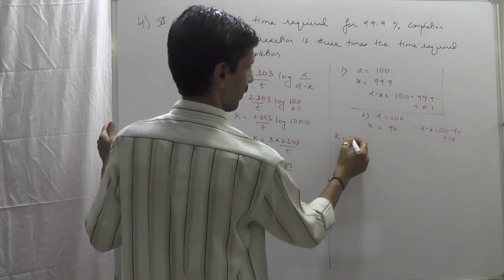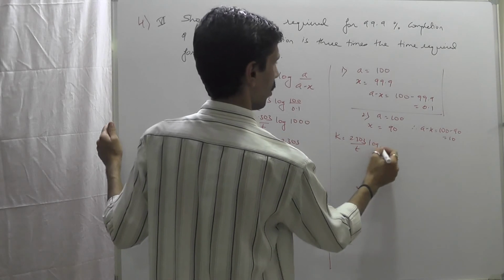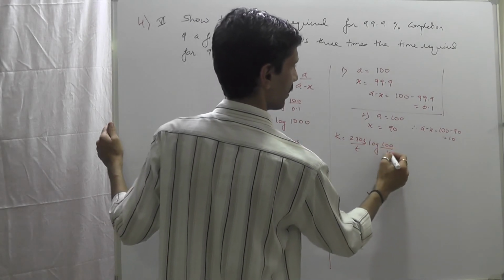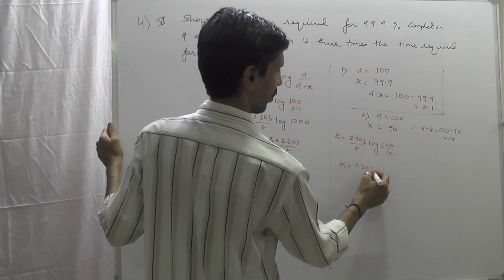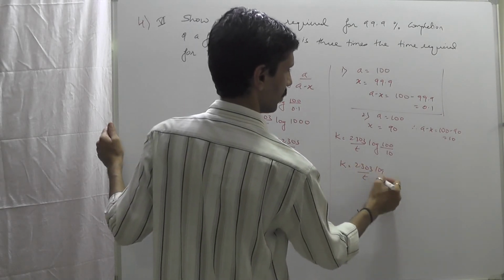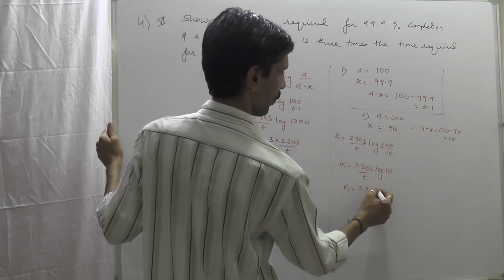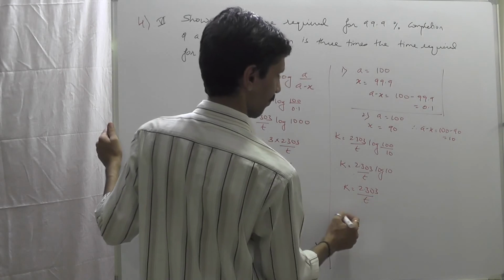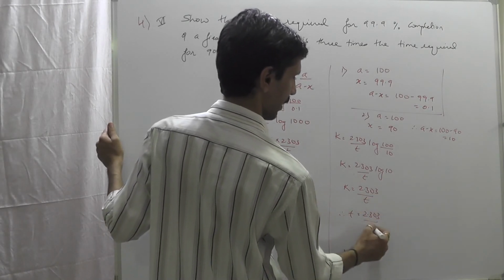Once again the same way, K is equal to 2.303 upon t into log of 100 upon 10. 100 upon 10 is 10. So K is equal to 2.303 upon t into log of 10. Log of 10 is 1. So K is equal to 2.303 upon t, and therefore t is equal to 2.303 upon K.